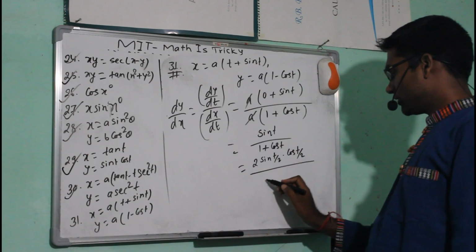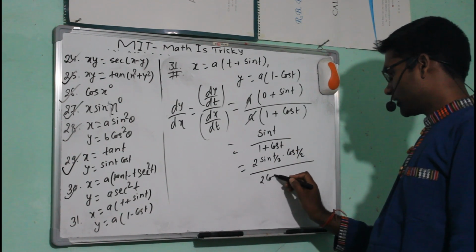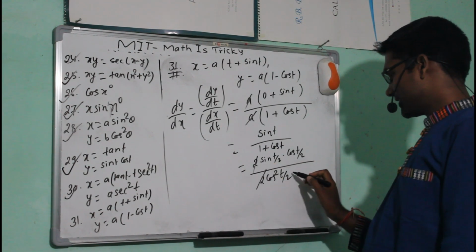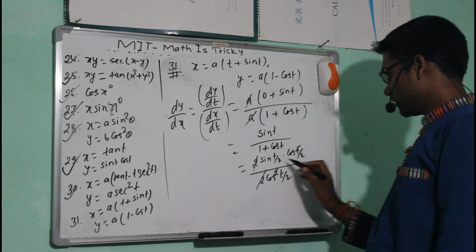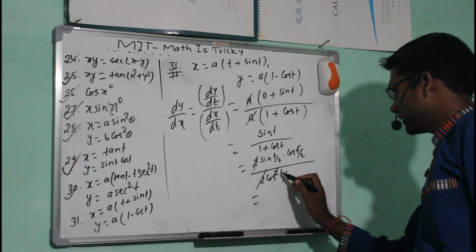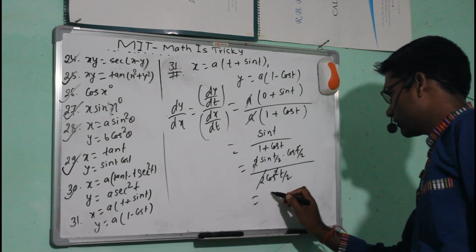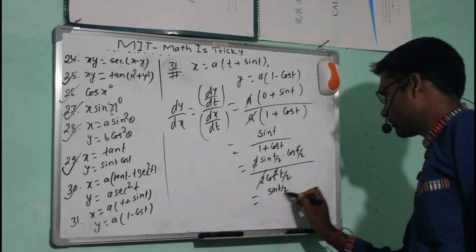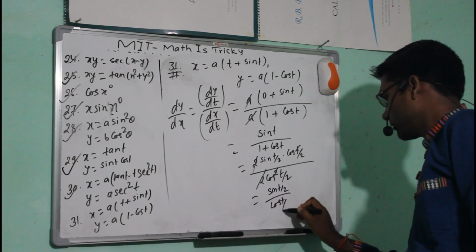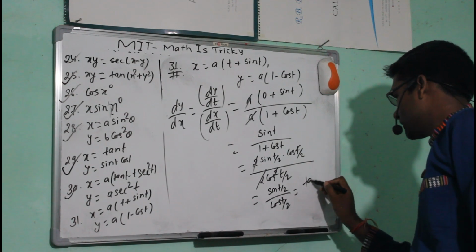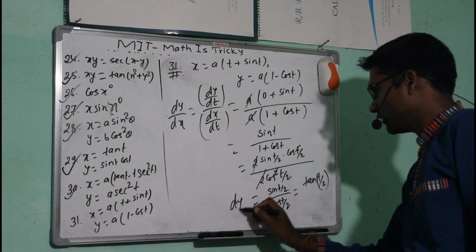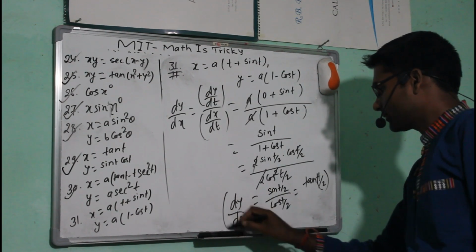For the denominator we can write 2 cos square t by 2, so 2 and 2 cancel, cos and cos cancel, so it is sin t by 2 over cos t by 2, which gives tan t by 2. That's your answer, dy by dx.